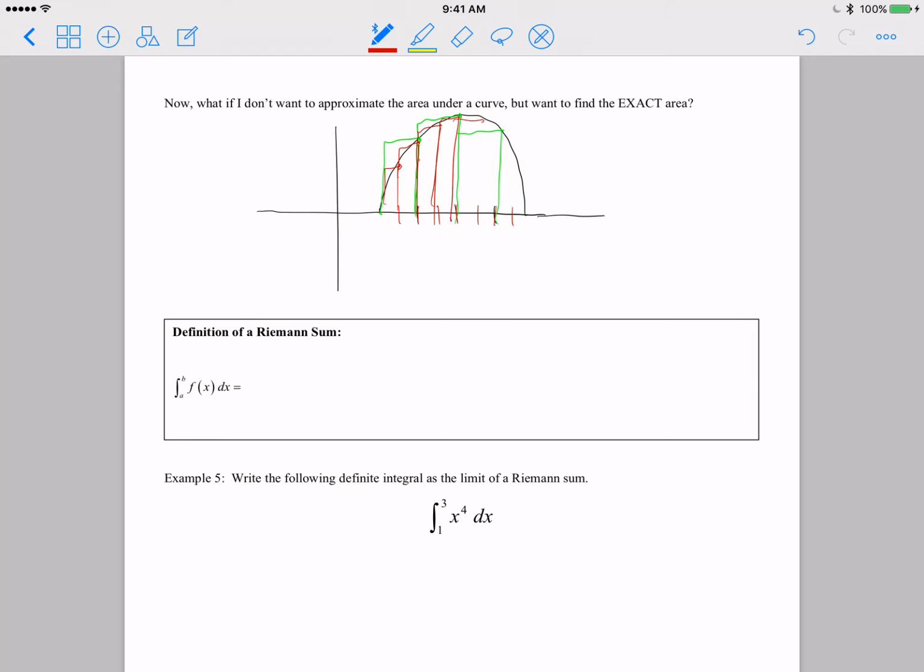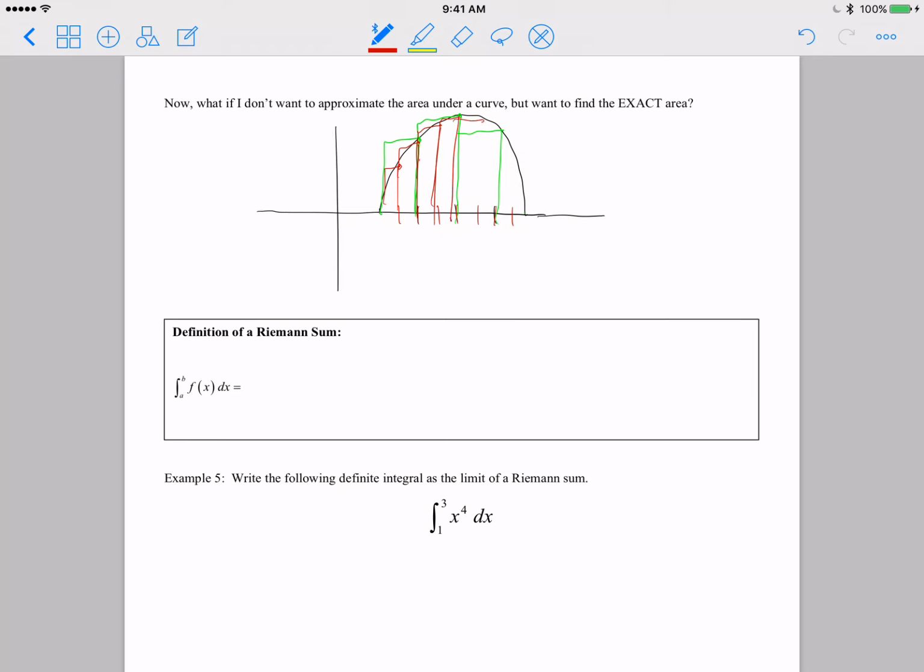Hopefully what you've noticed now is that my red is a much better approximation than my green is. The green was catching a lot of area that was outside of the curve and missing a lot of the area that was inside of the curve, and my red did a much better job.